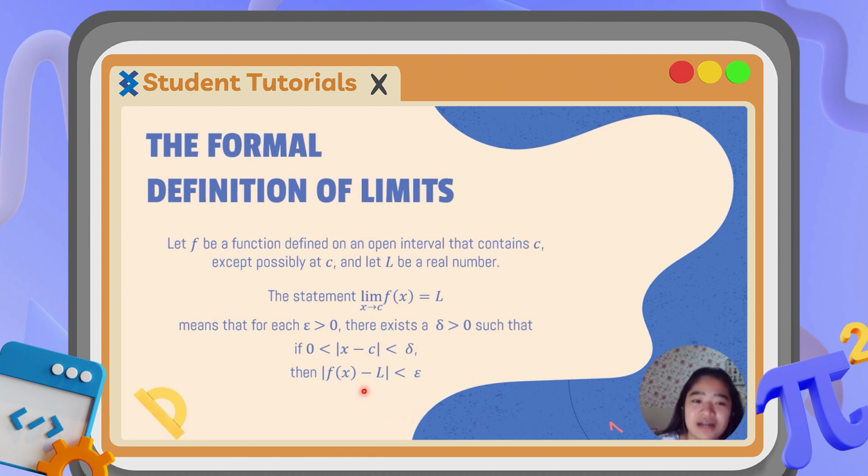So this just means the same thing, but formally. This just says that if we make x as close to c as possible, then we can get f of x as close to L as possible.